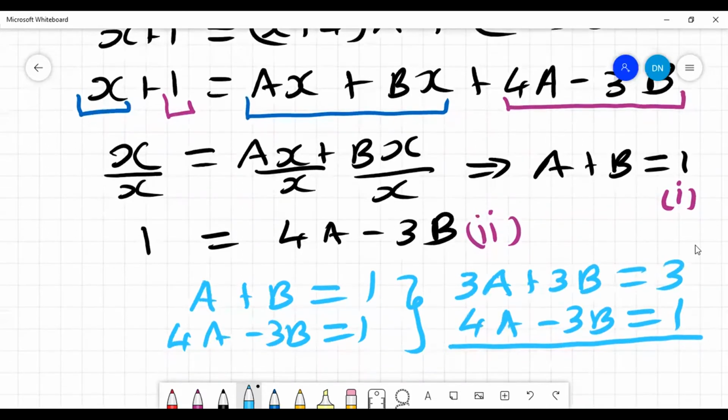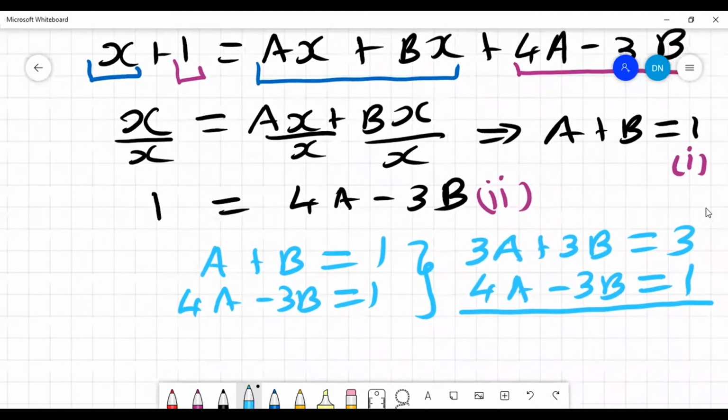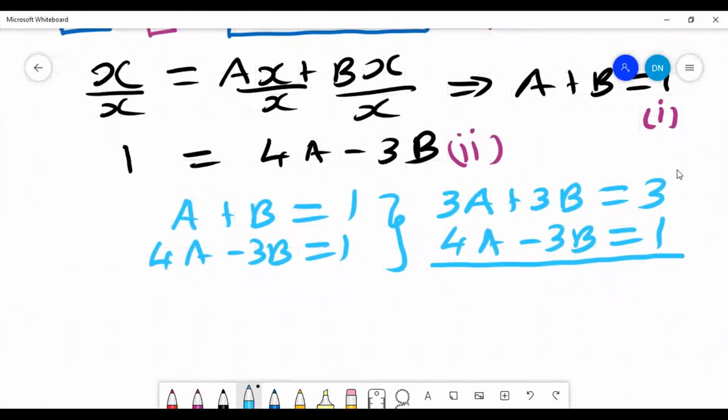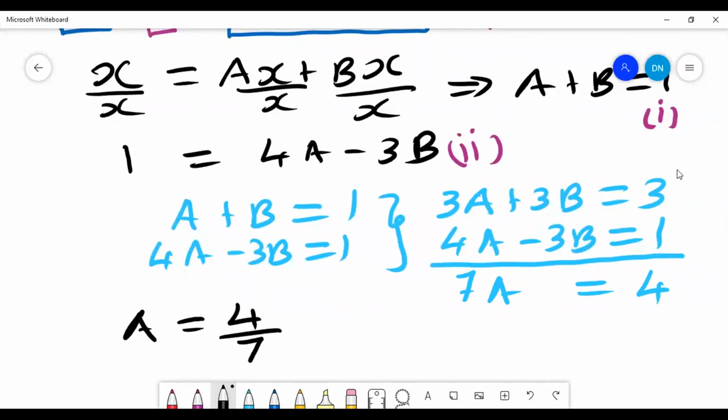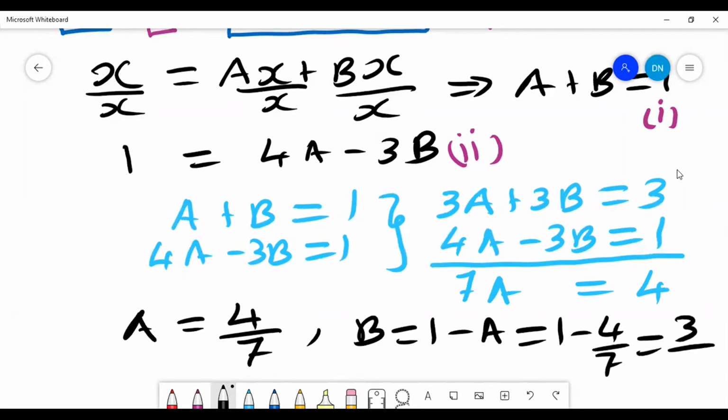But when I sum them up, what happens? I'll get 7a is equal to 4. So comfortably, a is equal to 4 over 7. And b is equal to 1 minus a, which is 1 minus 4 over 7, which is 3 over 7.